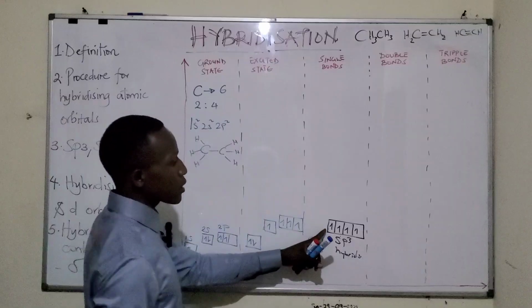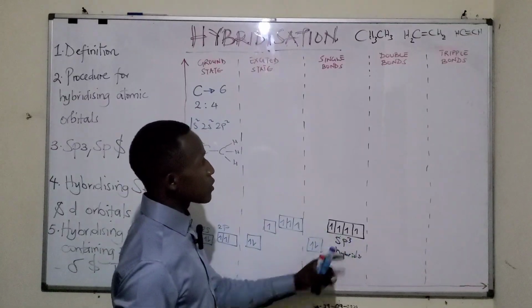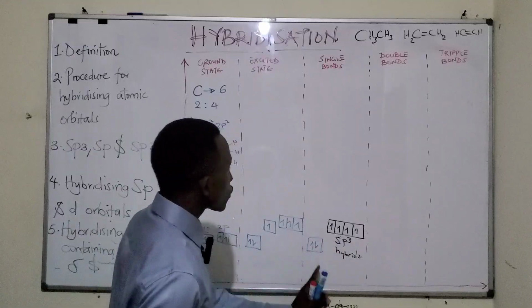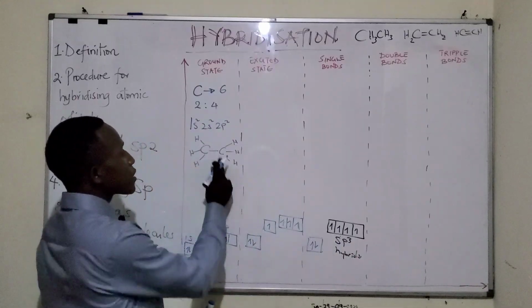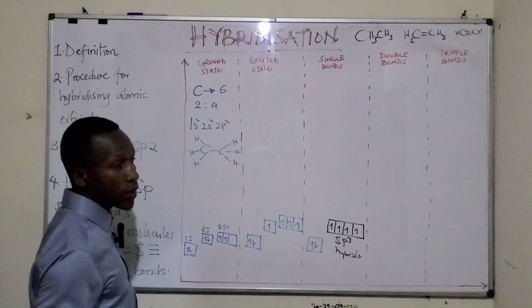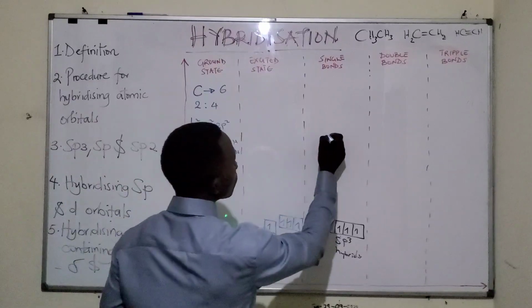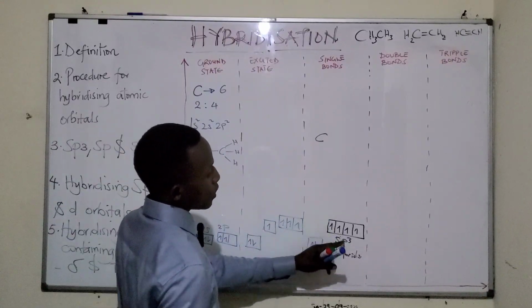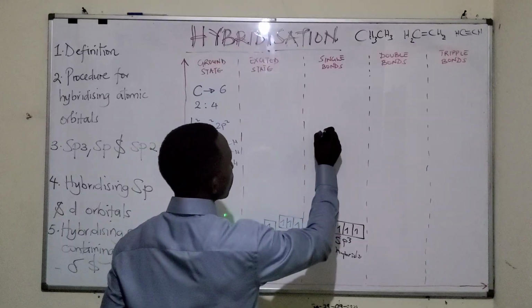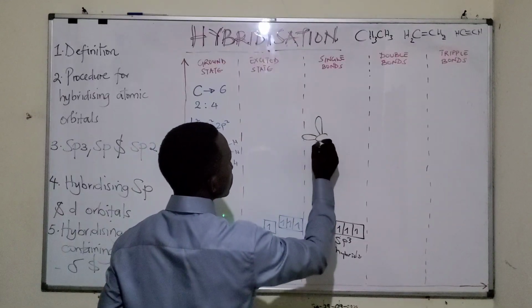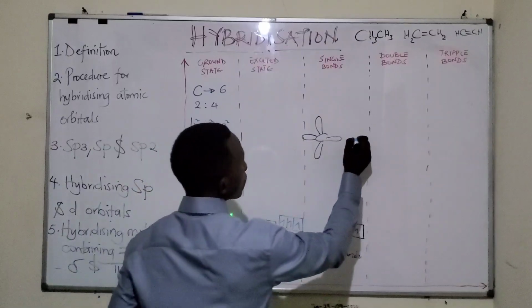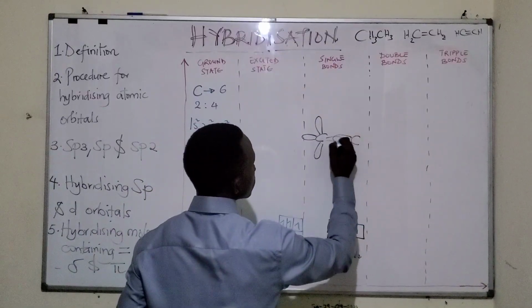We used 1s and 3p electrons to form the hybrids. So this hybridization is for one carbon, and the other carbon has the same hybridization. So we shall have one carbon like this with these hybrids, and another carbon will also have the same.